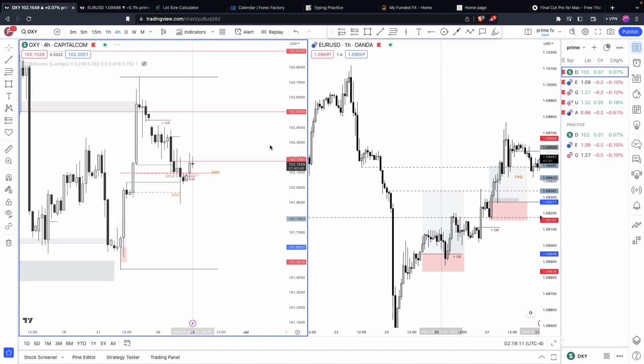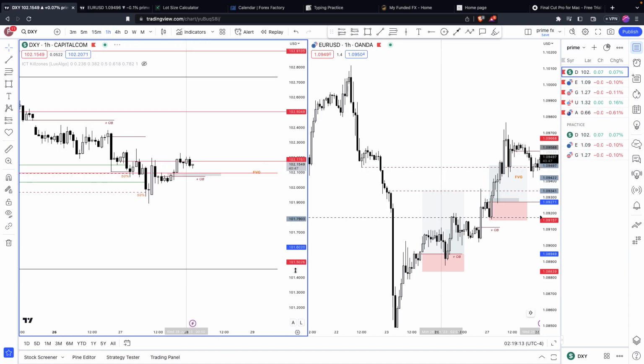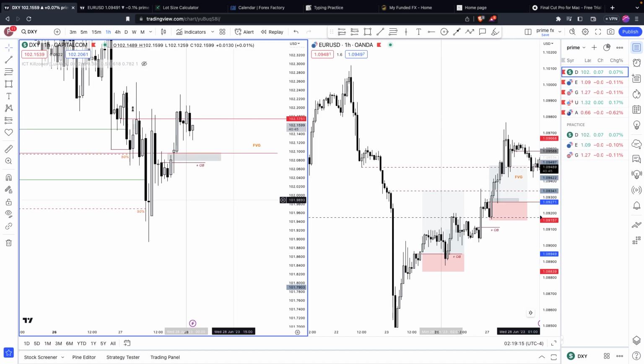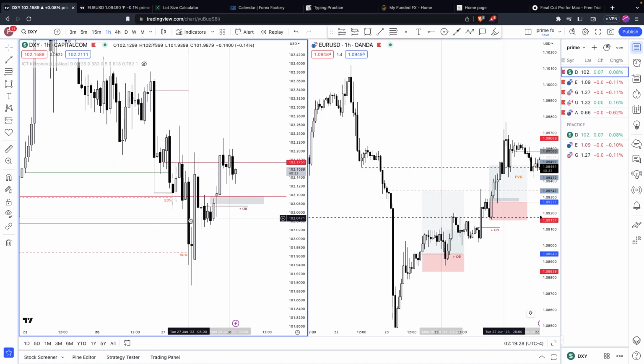So I went to the 1 hour and we saw some reference points. With this displacement, yesterday I was saying I wanted to see a close below this low, but we didn't get that. So this is what made me kind of skeptical about what I was thinking about the market's price.